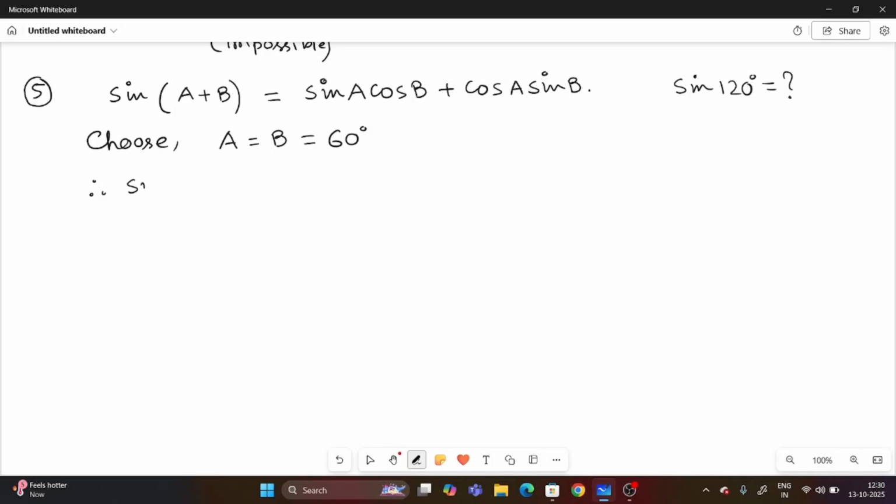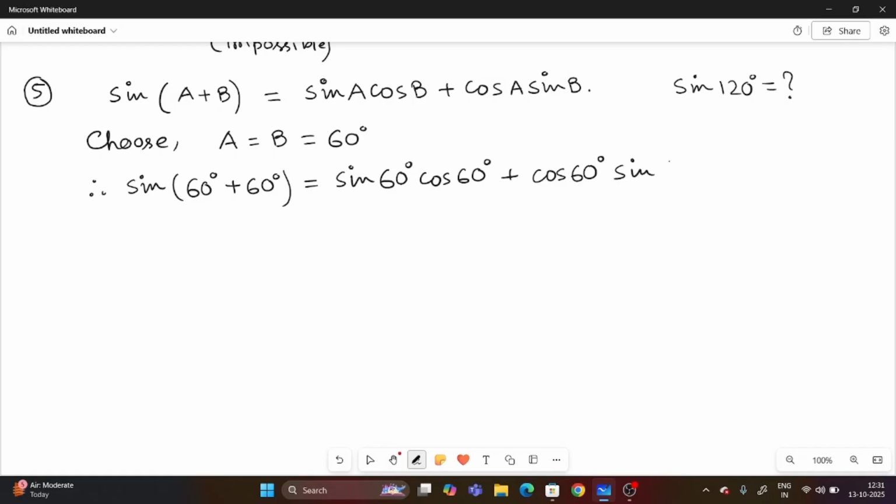So sin of A is 60 degree plus B is 60 degree is equal to sin 60 into cos 60 plus cos 60 into sin 60.